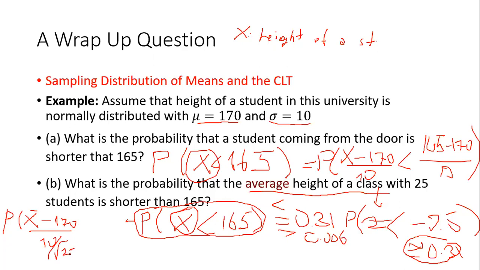Why? Because X bar is normal, we just subtract its mean, which is 170, and divide it by its standard deviation. Remember, the standard deviation of X bar is sigma divided by root n, 10 divided by root 25. Just do the same transformation to the right-hand side, and you will see that the resulting probability is 0.006. Great.